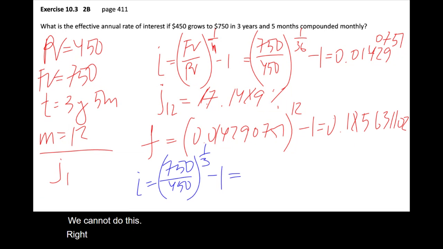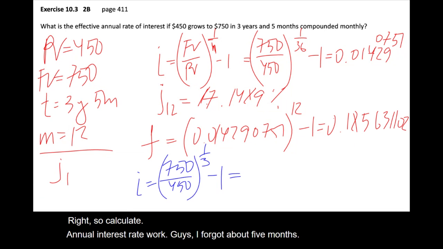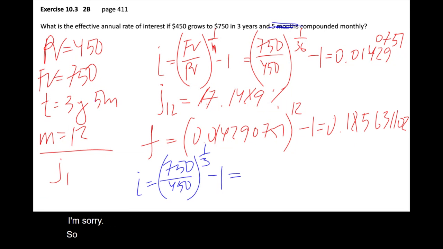Right, so calculate annual interest rate. Oh, guys, I forgot about 5 months. I'm sorry. So let's correct that. Let's just erase 5 months. Exponent will be different. Not 1 over 36, it will be different. Right?